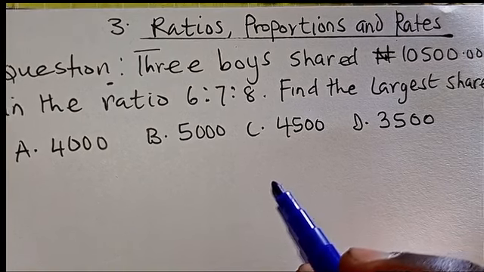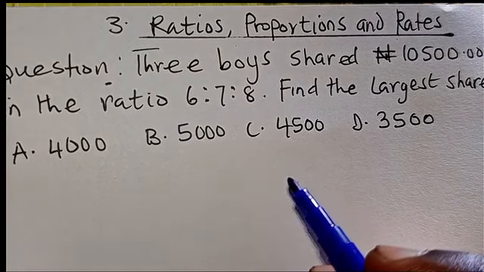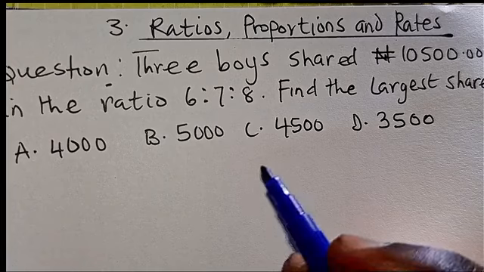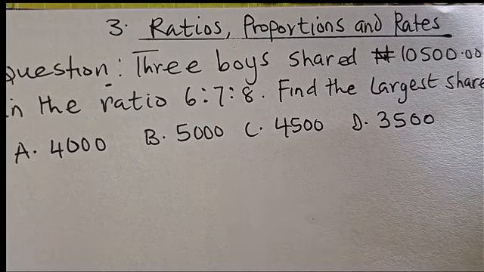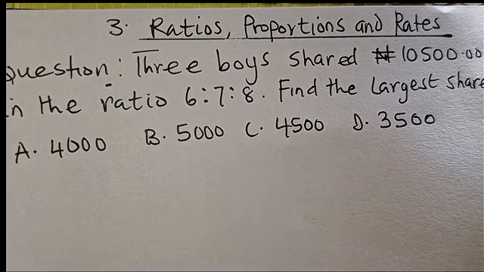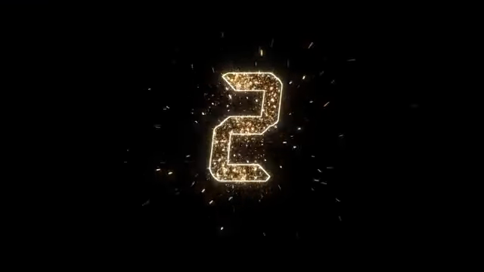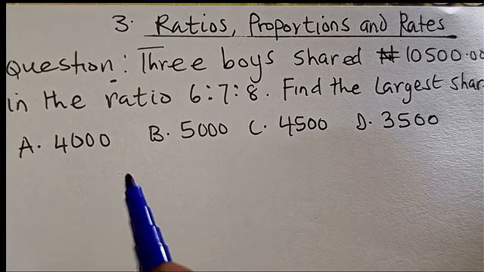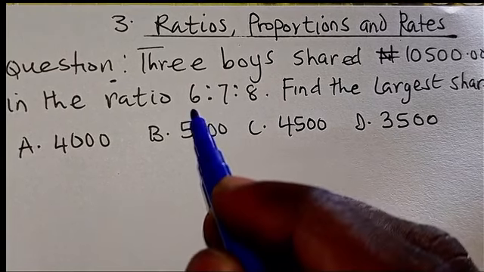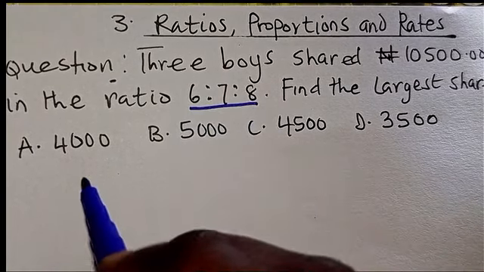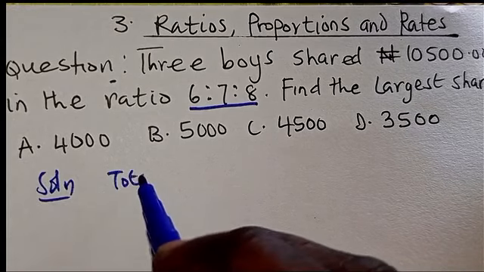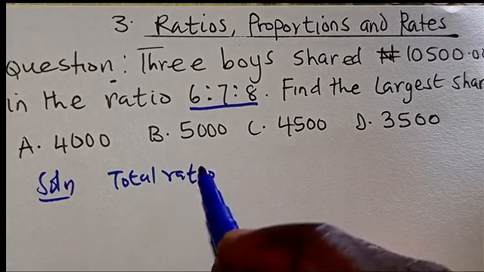Now I would like you to do this yourself. Pause the video, then do it, then come back and check the validity of your result. Now let's first find the total ratio.